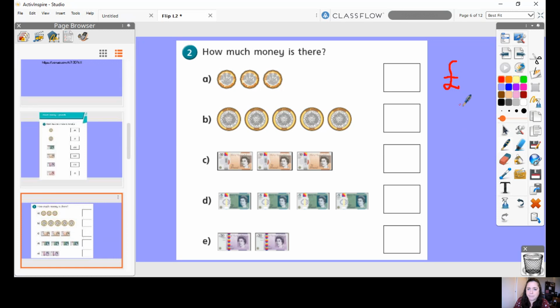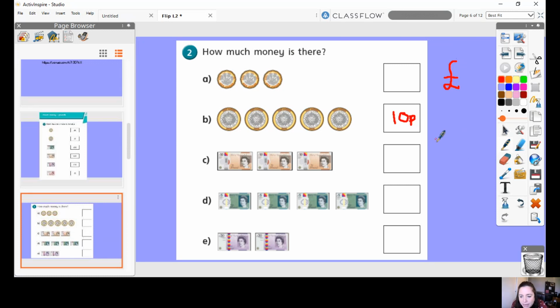So we still say £5, but it goes before if it's a pound and after if it's a pence. So I'm going to let you do the first one because those are in ones, and we're going to have a look at this one, which is in twos. So I'm going to go 2, 4, 6, 8, 10. Oh, 10 pence.